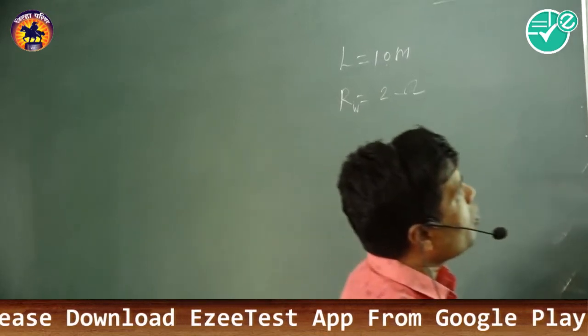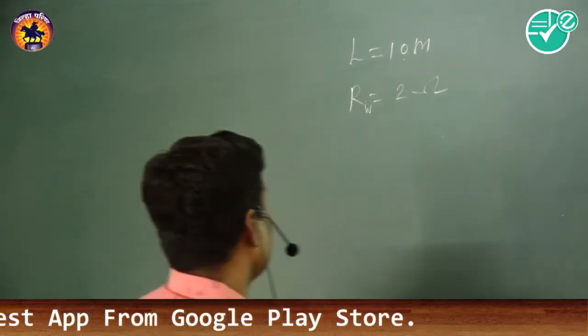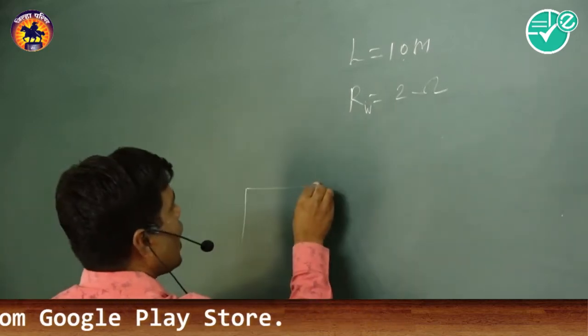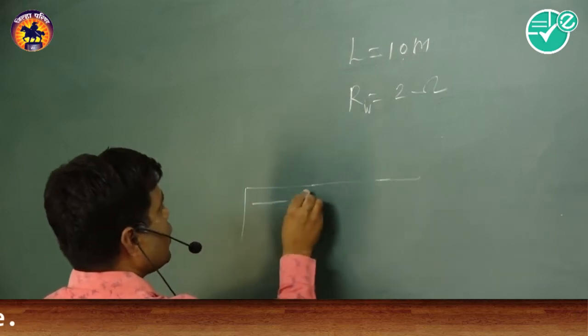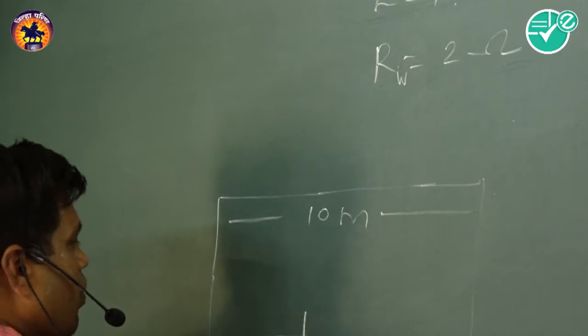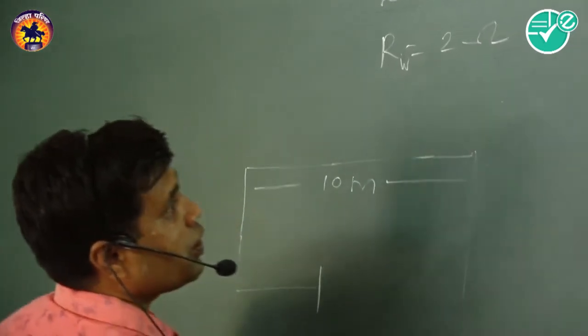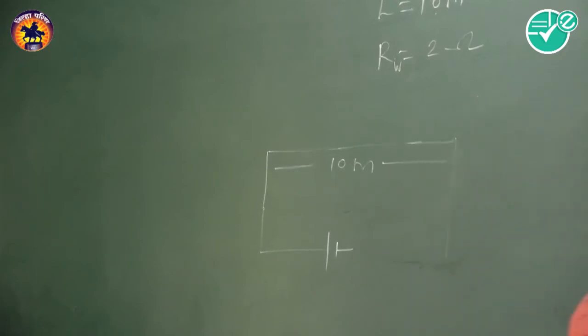So what is given next? It is connected in series with a battery of EMF 3 volt. Suppose this is a wire having length 10 meter, and it is connected across a battery of EMF 3 volt and a resistance of 10 ohm.